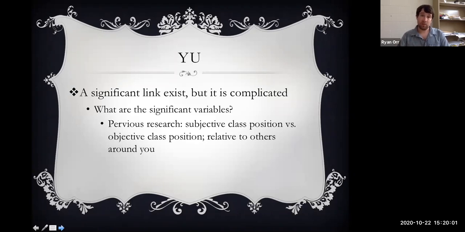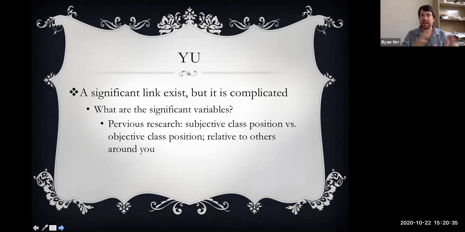And so previous research has started to look at some of these variables when it comes to personal satisfaction. And what you find is people have more personal satisfaction when they're judging their own class position. So in other words, if you think you're part of an upper class, maybe higher than you are, that actually brings you more personal satisfaction compared to looking at something objectively, breaking things down formally in terms of placing people in their class position.